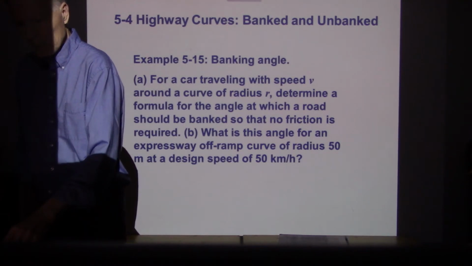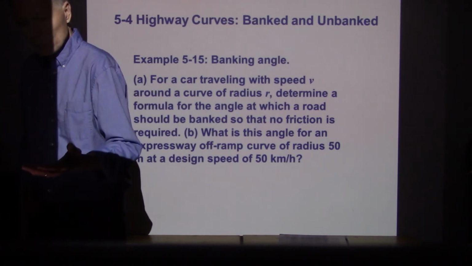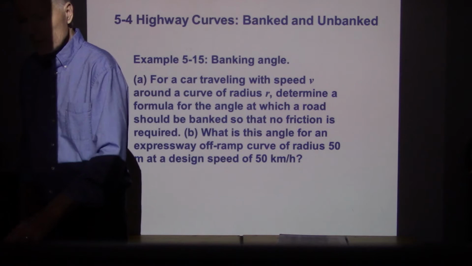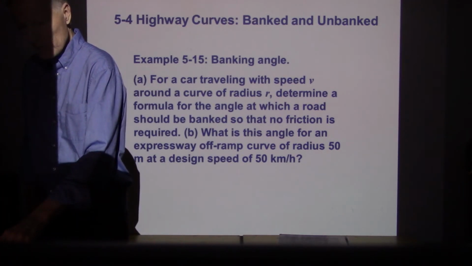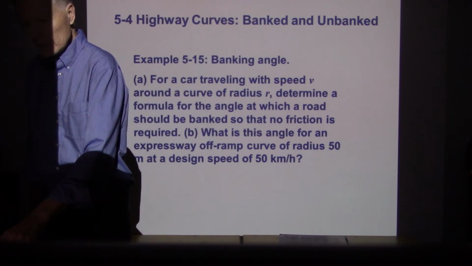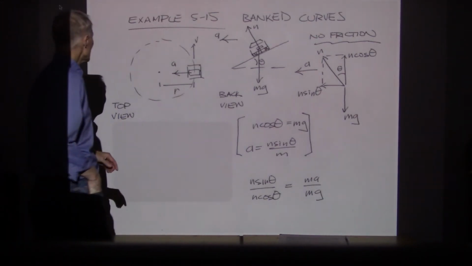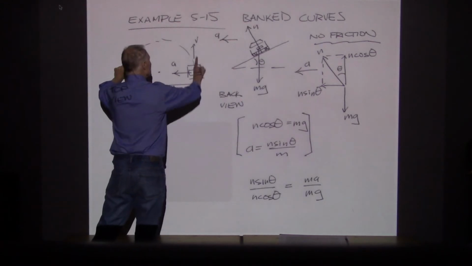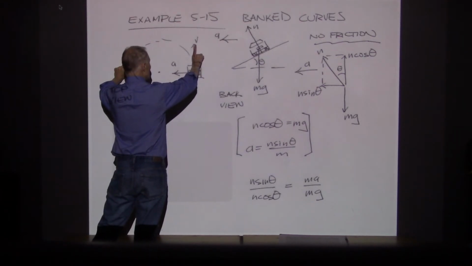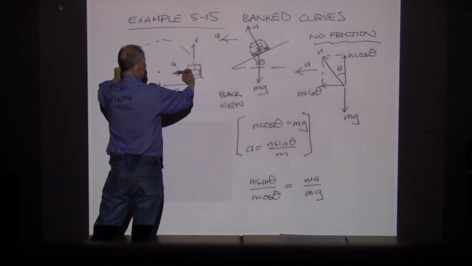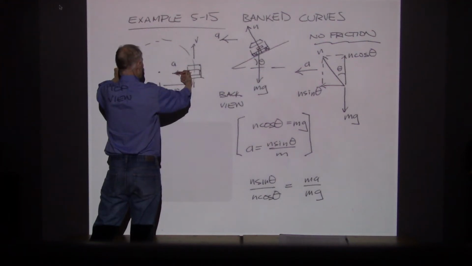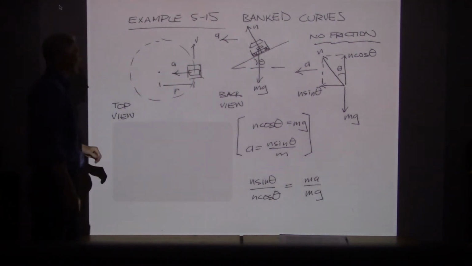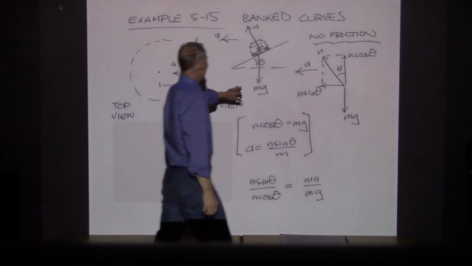So here's an example. So radius of 50 meters. Now it says that the design speed is 50 kilometers per hour. What does that mean? Here is my top view. There is the car's motion, the velocity specifically. Here is the car's acceleration. That's the a for the car. And then here is the back view.